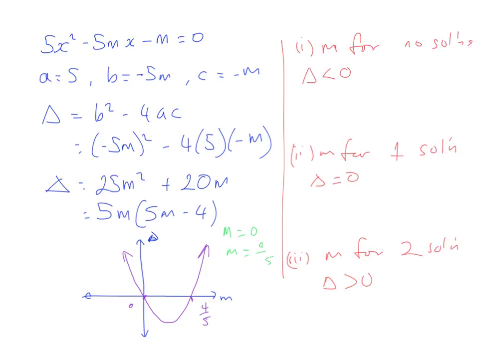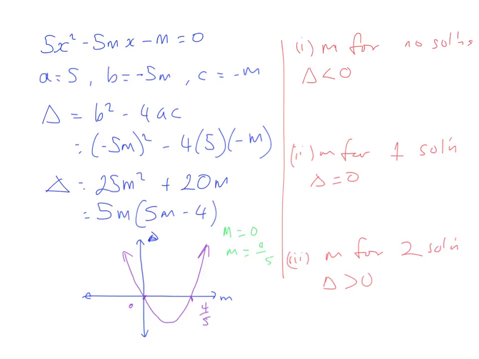So if I think about this, going back to when we were doing quadratic inequalities, here's my quadratic. I've factorised it, I've got my x-intercepts, and instead of x and y, I've got m and delta. So now we're using what we did two exercises ago.